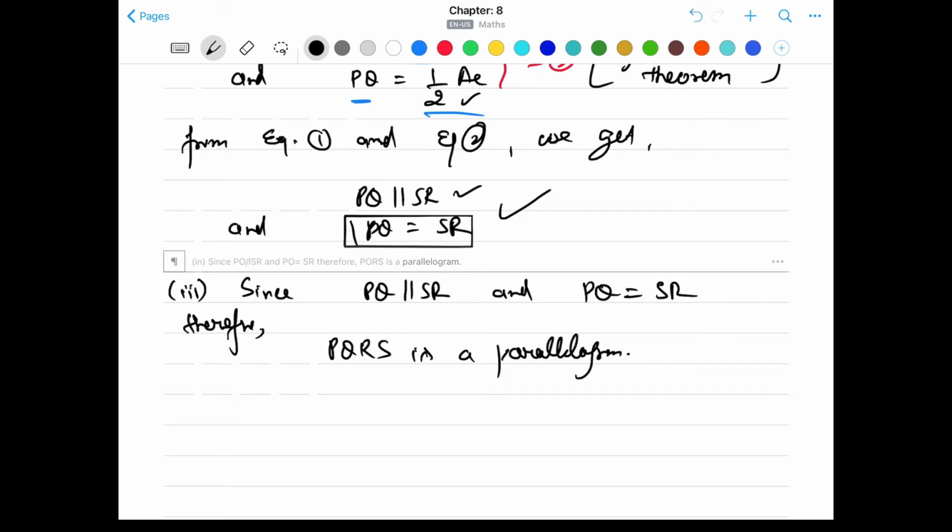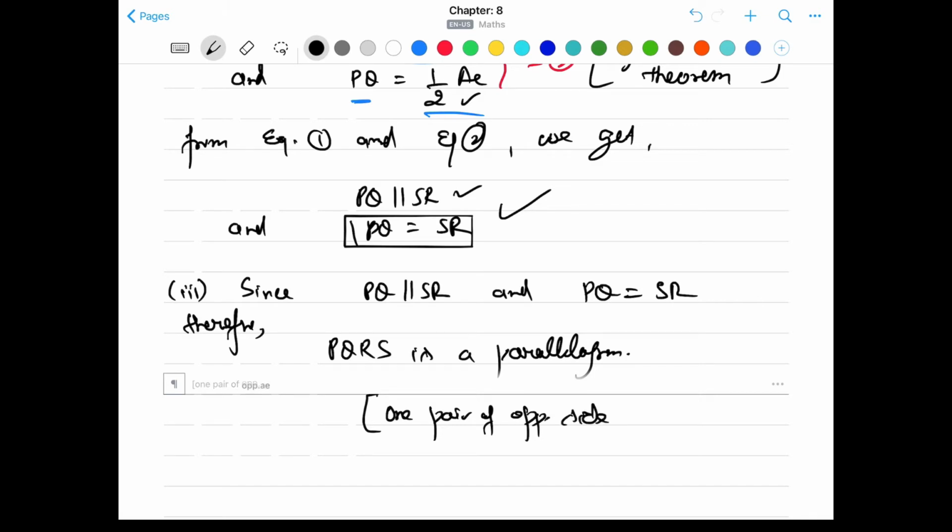This is by theorem 8.7, which says that if in a quadrilateral one pair of opposite sides is equal and parallel, then it's a parallelogram. The reason I'm writing here: one pair of opposite sides is equal and parallel.